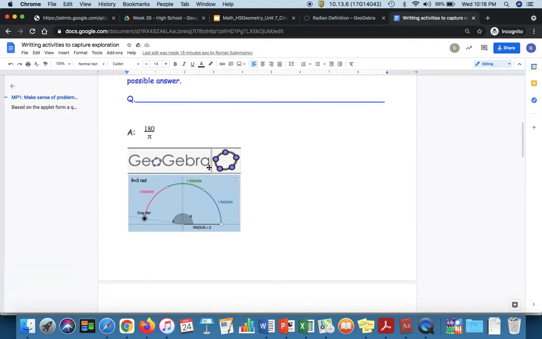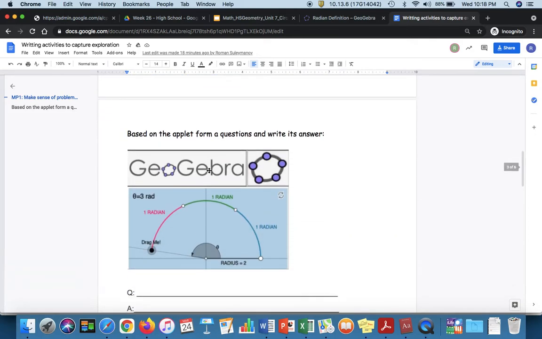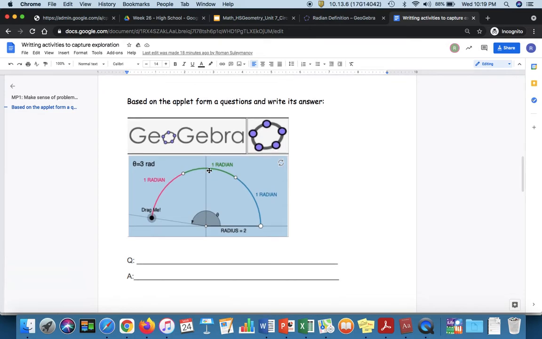Another activity, which is a variation of this while using the applet, would be for students to create questions and then write the answer to the question that they created. This is a great activity for student-to-student discourse.